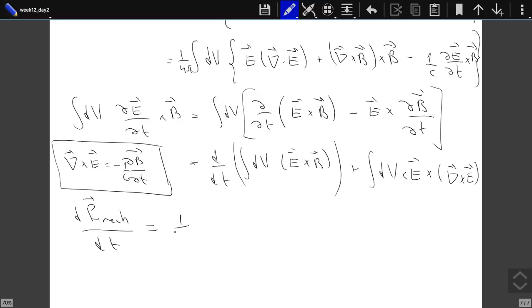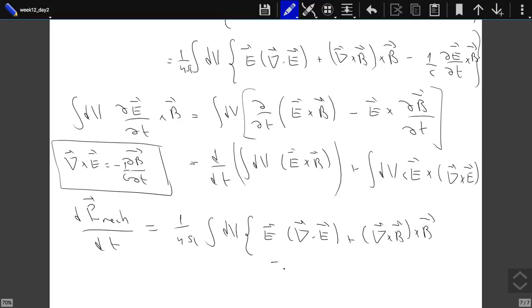This is equal to 1 over 4 pi dV E times the divergence of E, plus the curl of B cross B, minus, right?